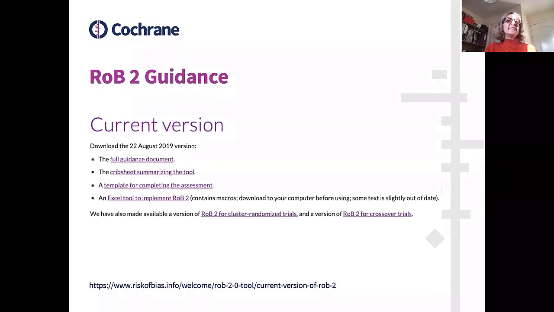Just to note that I'm quoting from guidance in this presentation, and the guidance is all on the Risk of Bias Info website, which is curated by the team from Bristol who've developed and run the tool. There's a really full guidance document, which is great, and also a crib sheet to help you use the tool.